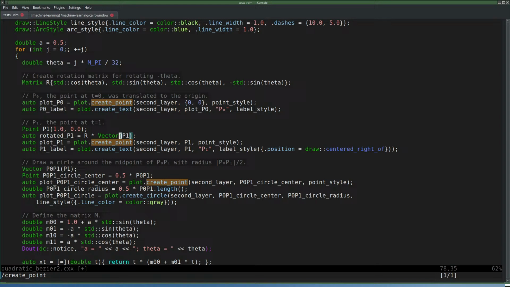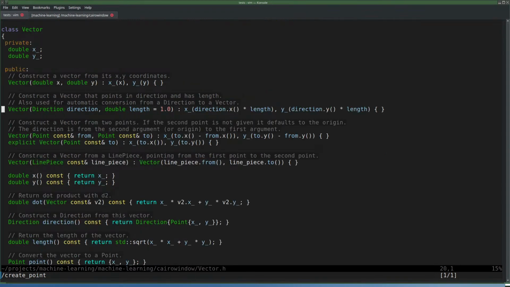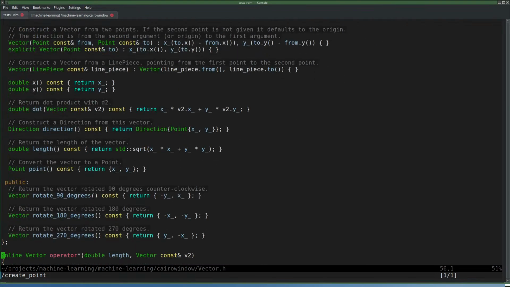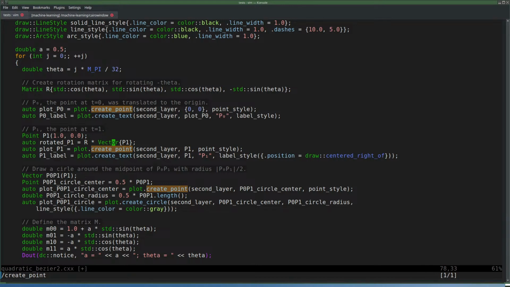Well, not really, but my vector allows me to get an x and a y from it, convert it to a direction, convert it to a point. Yay, okay, well, that's good enough. So I'll just call point on that.